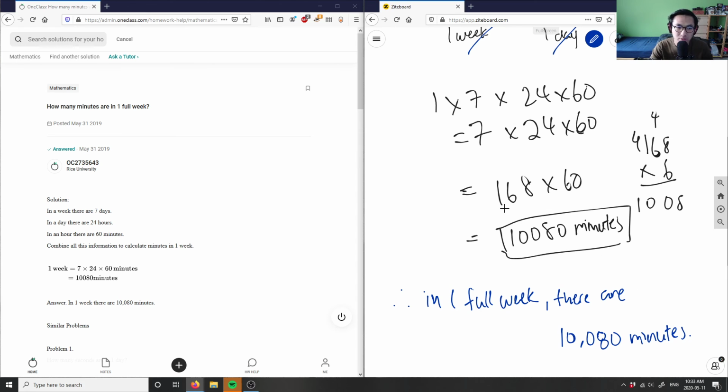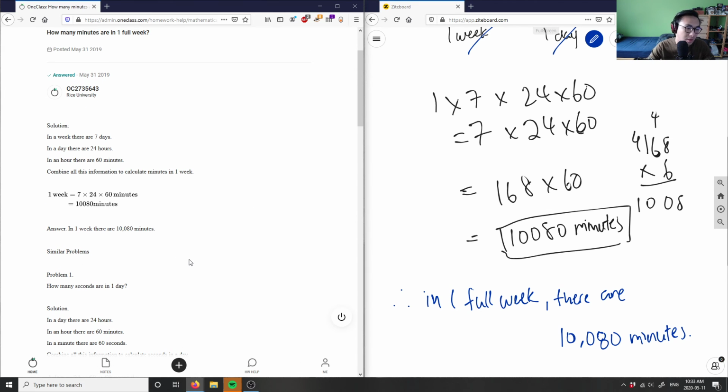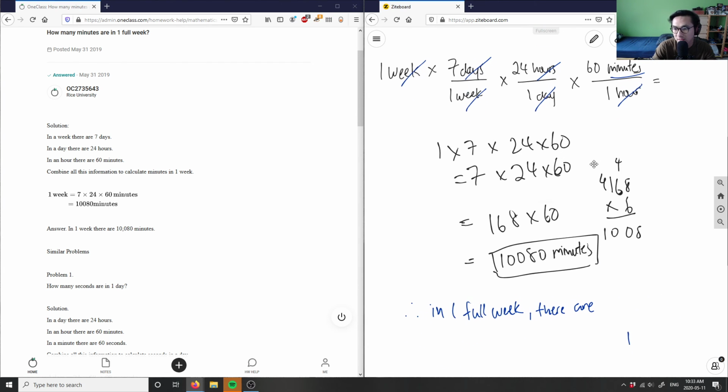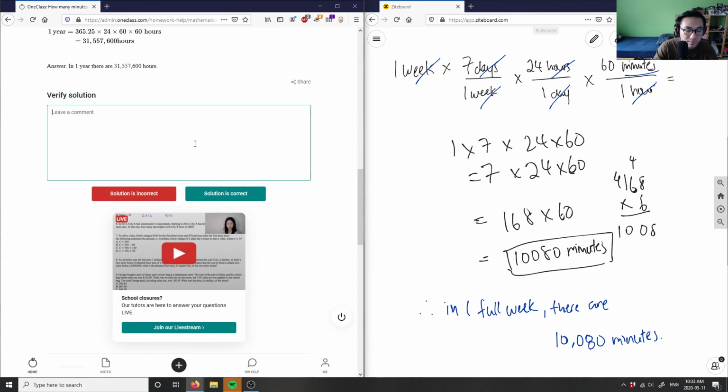This is our solution. And as you can see, this solution here is also correct. So they did this, but they didn't really use unit analysis, and they didn't really show me how to cancel these units out. So this solution is correct, but the analysis is not the greatest here. The analysis should have shown how the units cancel out. So the solution is still correct though.